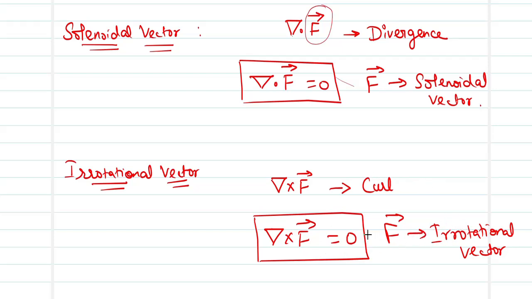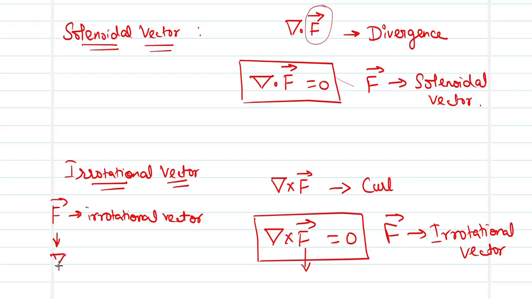The next thing is that whenever you have an irrotational vector, this f vector can be expressed as the gradient of a scalar. So whenever f vector is an irrotational vector, then we can express this f vector as a gradient of a scalar.